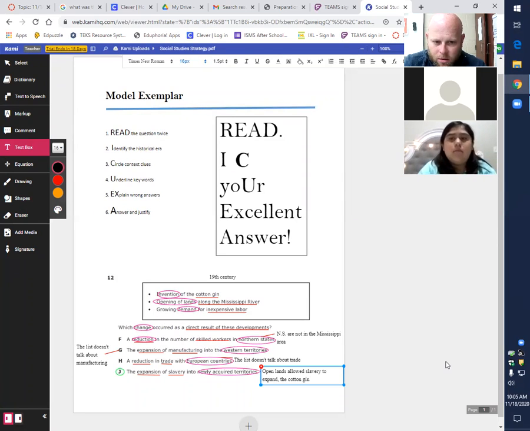Cotton gin allowed for more production, and slaves were the inexpensive labor. Okay.